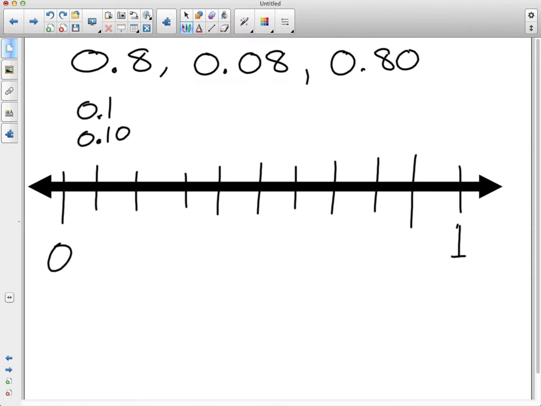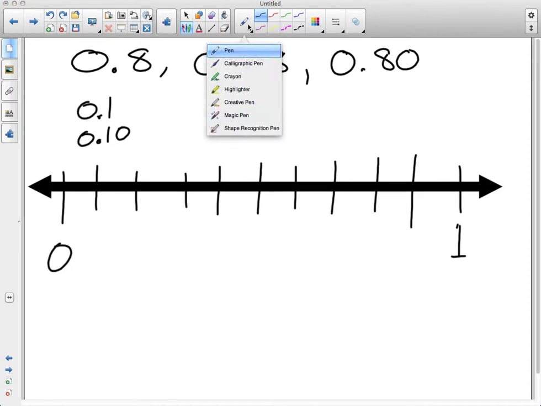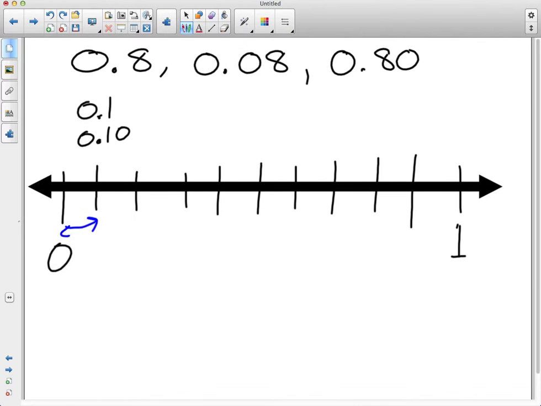Right in between, but closer to the first hash mark of 0 and 1. So you're saying between these two hash marks, is that correct? Yes, okay. Is it closer to this hash mark or this hash mark? The second one. So we're going to place 0 and 8/100ths right about here.